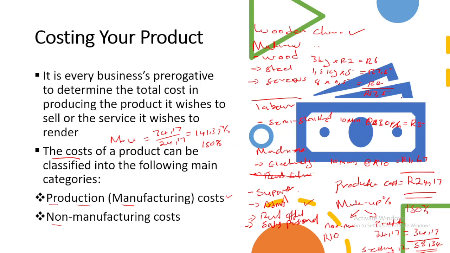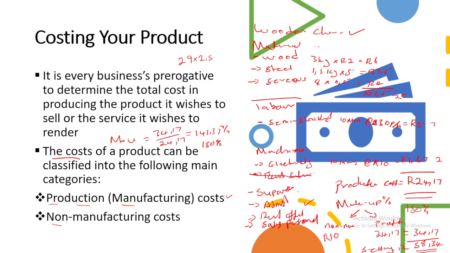So meaning that if next year the cost of material goes to 20 rand, and this one goes to 7 rand, and this one goes to 2 rand, that is going to be 20 plus 7, then it's going to be 29. So when the cost becomes 29, we're going to add 150%.